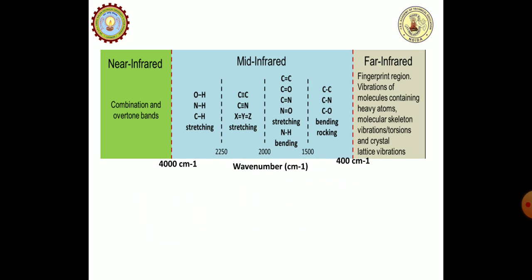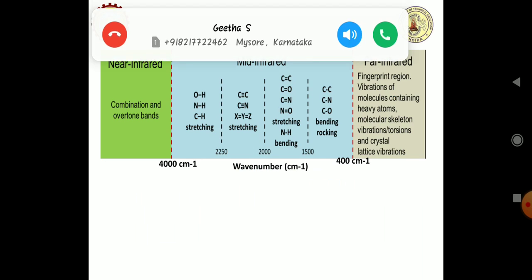Next slide. We can observe here the near infrared region, mid infrared and far infrared. In the middle of the range, on the x-axis, is 4000 centimeter inverse to 400 centimeter inverse wave number.